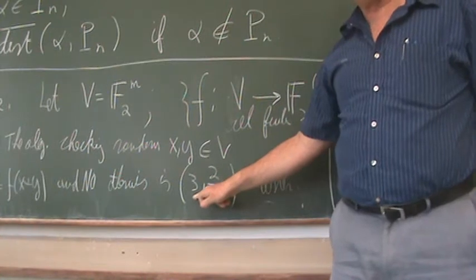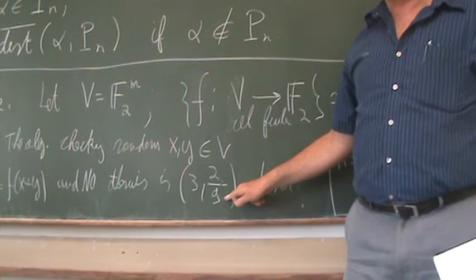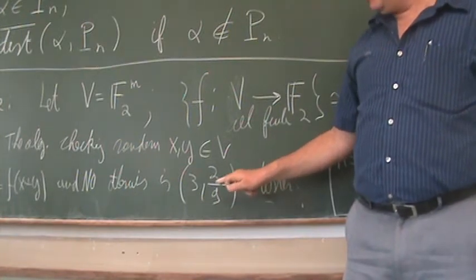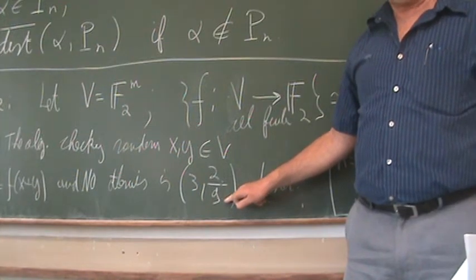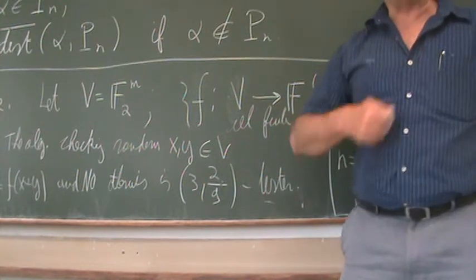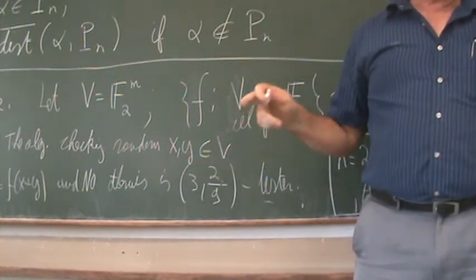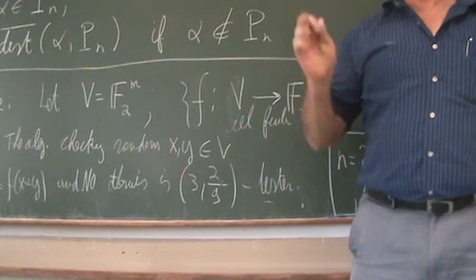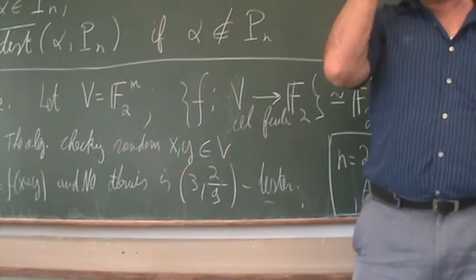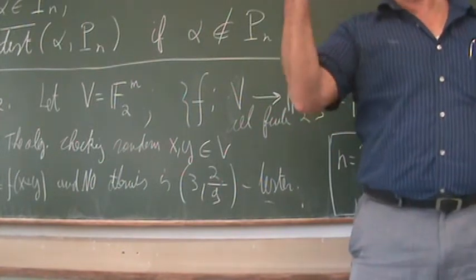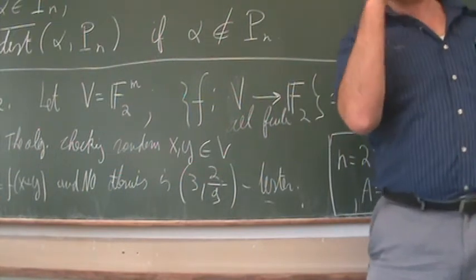The probability of rejection of every test is at least 1/100. But if I do, say, 1,000 tests, then the probability of rejection is now more than 99%, and this 1,000 is independent of n.